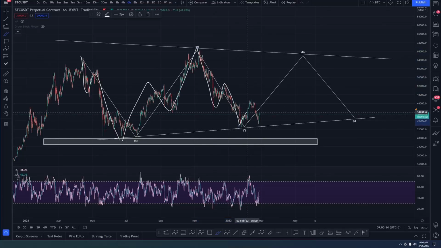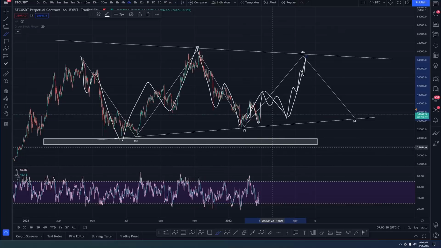Now, what we have going on is a 3 and a 3. We could be getting a 5-wave move to the upside, and that would be a flat, a 3-wave move. That wouldn't complete this triangle. We would expect another 3-wave down and then maybe another 5-wave move like so to make a larger flat to get up there. So there's a possibility of a 3-wave move to the upside.